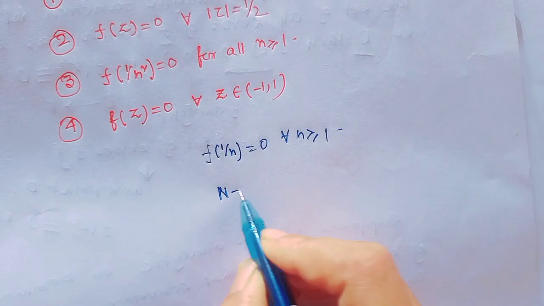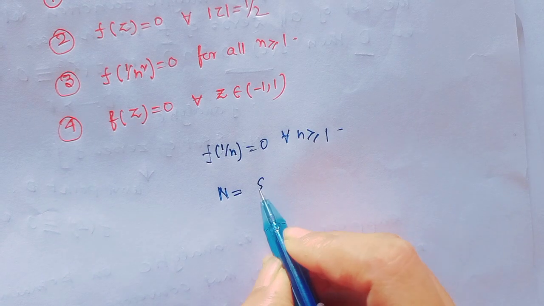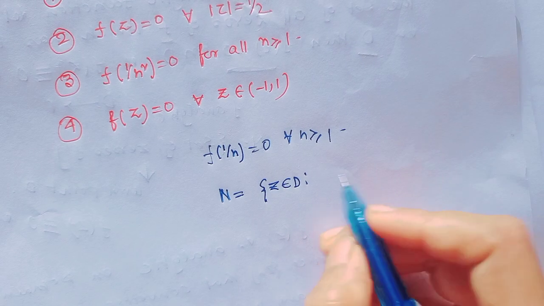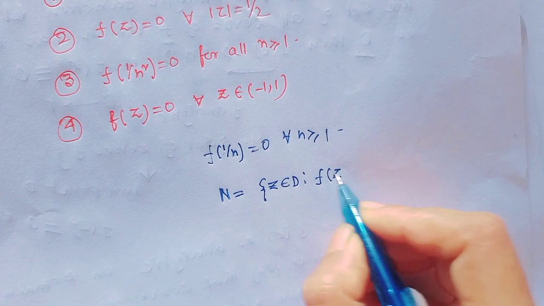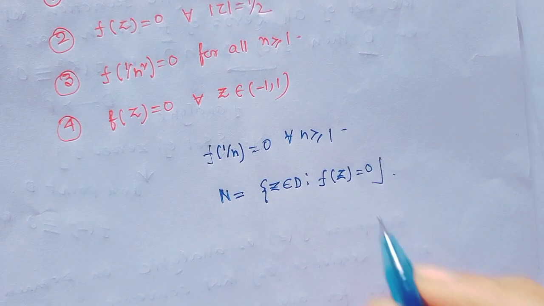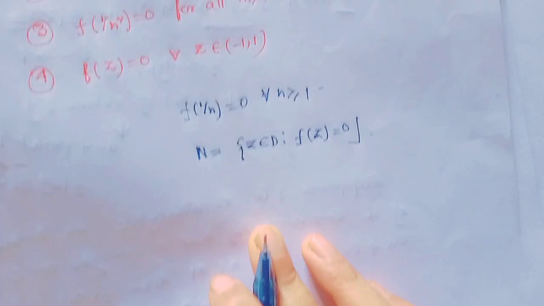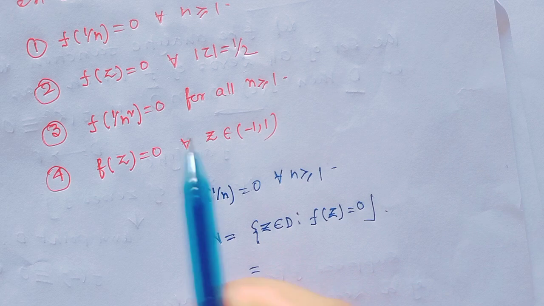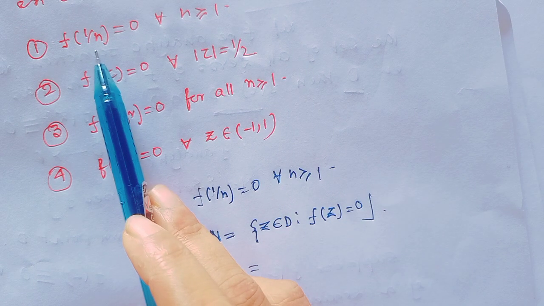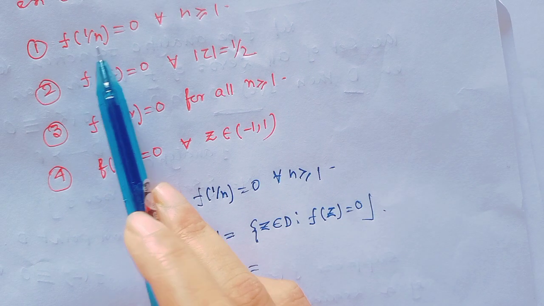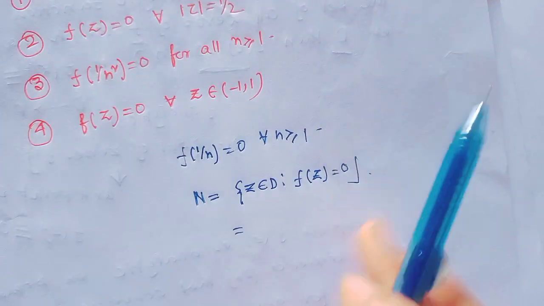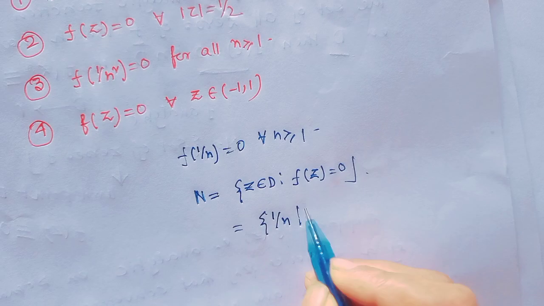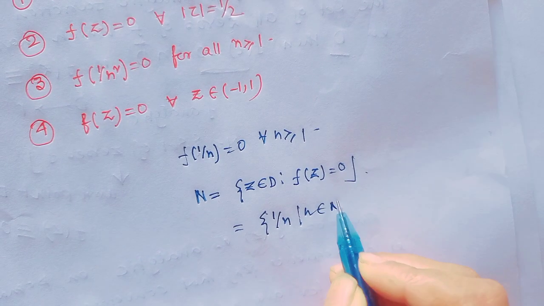The set of zeros is the set of z belonging to D such that f(z) equals 0. Since f(1/n) equals 0, this is actually the sequence 1/n with n belonging to the natural numbers.